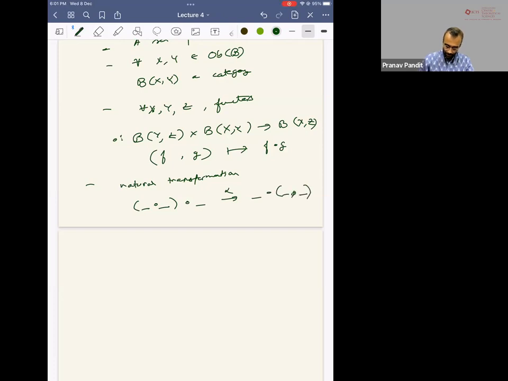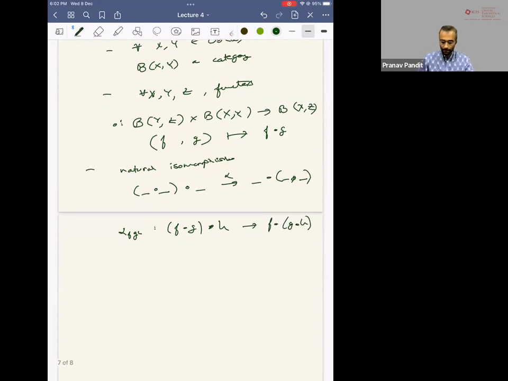What I mean by this is that you have alpha FGH, which goes from F circle G circle H to F circle G circle H, natural transformations which are invertible, so natural isomorphisms.